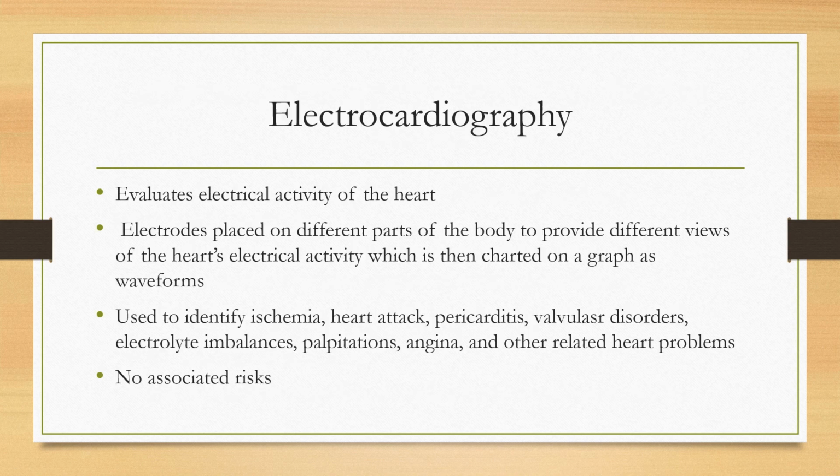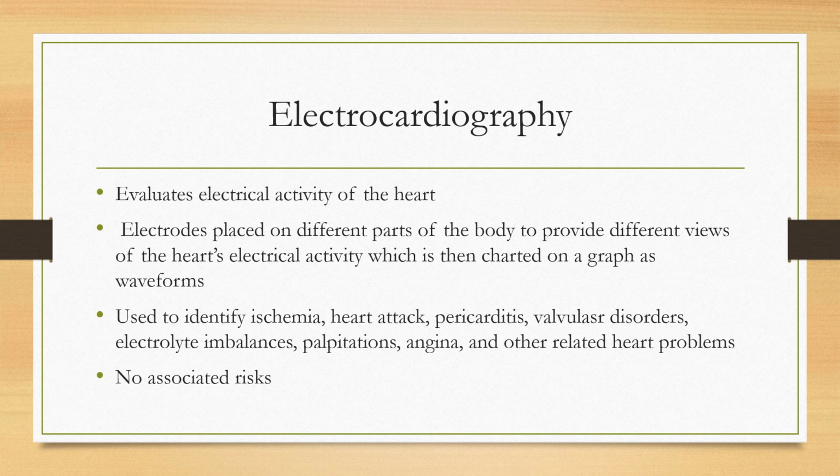And then electrocardiography, that's just like your typical EKG. You'll hear the difference between EKG and ECG, and there isn't any difference. Electrodes are placed on different parts of the body in order to provide different views of the heart's electrical activity.